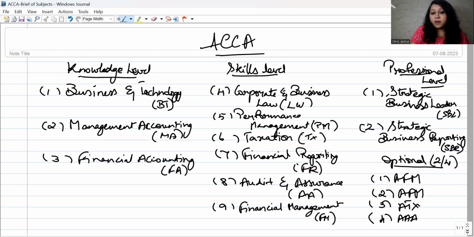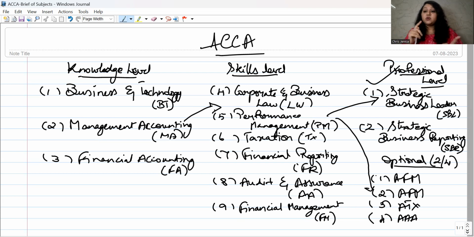For example, business and technology has a connection with your professional level, that is, Strategic Business Leader. But management accounting is a paper that has a connection with the fifth paper, Performance Management, and this in turn has a connection with Strategic Business Leader as well as your optional paper of APM.